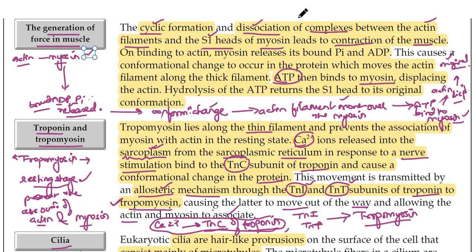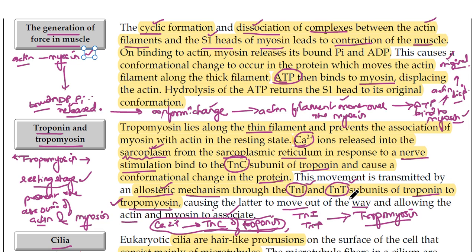Upon this stimulation, these calcium ions bind to the TnC subunit of troponin and cause a conformational change in this protein, as a result of which this movement is transmitted by an allosteric mechanism to the other subunits of troponin, TnI and TnT.